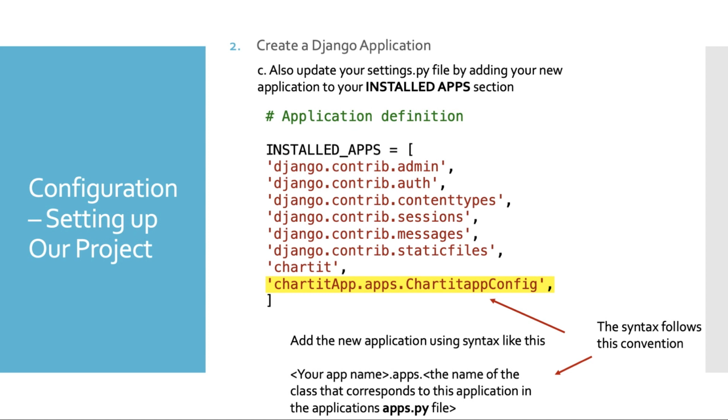So open up that apps.py file, and you should see something like this. The name of my app was chartit_app, so mine is chartit_app.apps.ChartitAppConfig. It should be something like that, but it's going to depend on what you called your application. If you called it what I'm calling mine, it should look exactly like this.